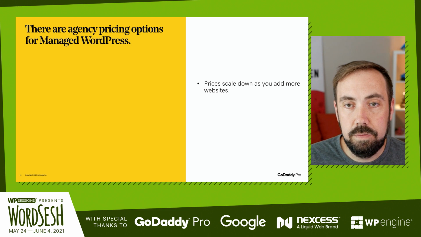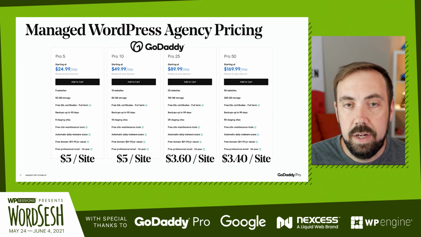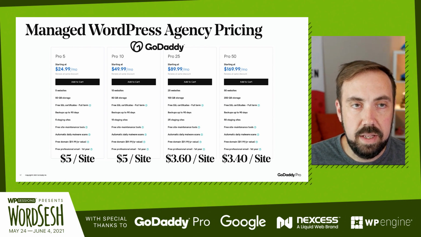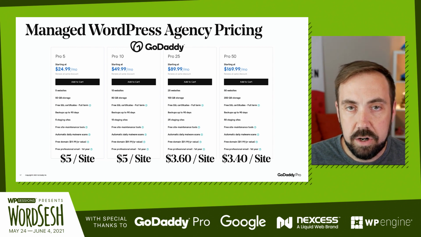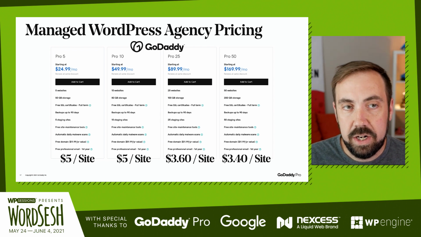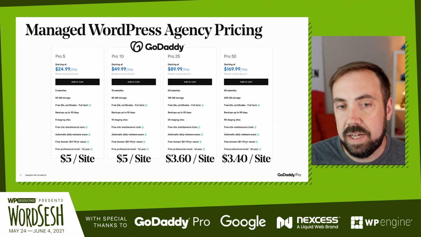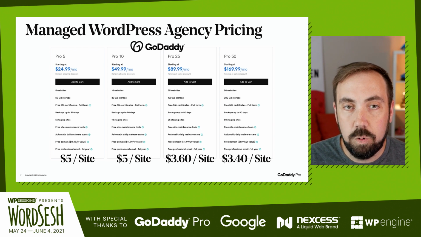So with the agency pricing options with a lot of these, the pricing scales down. Kind of give you an idea. So this is the setup that GoDaddy Pro has with their managed agency WordPress pricing. And you'll see that I broke out along the bottom how much it ends up costing per site. $5 per site, down to $360, down to $340.